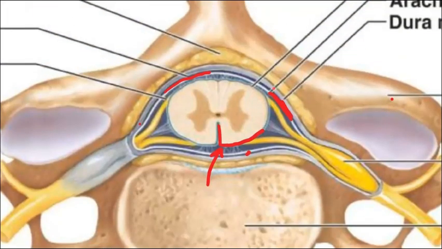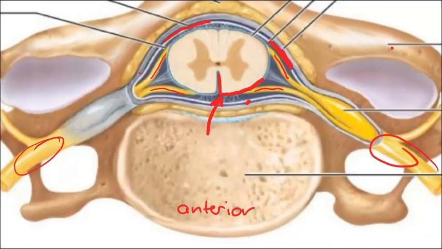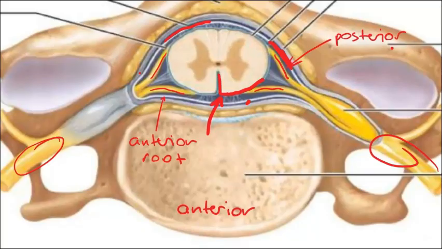So these extensions are the roots of the spinal nerves. This is the anterior root, and this is the posterior, well, anterior or ventral, posterior or dorsal.